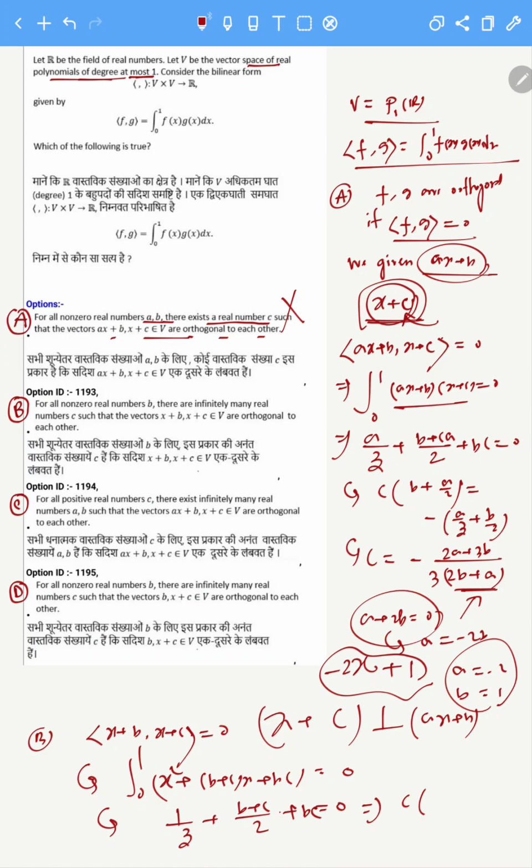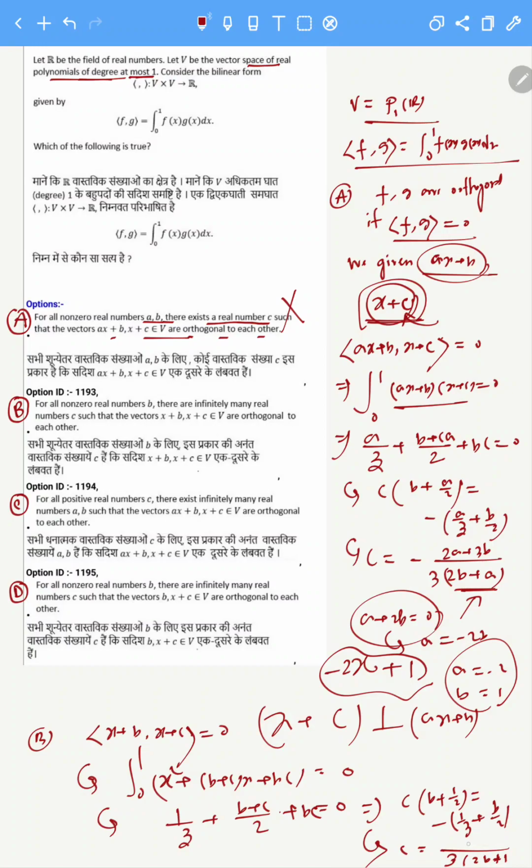If we take c common, c times (b plus 1 over 2) equals minus (1 over 3 plus b over 2), so c equals minus (2b plus 3) over 3 times (2b plus 1).